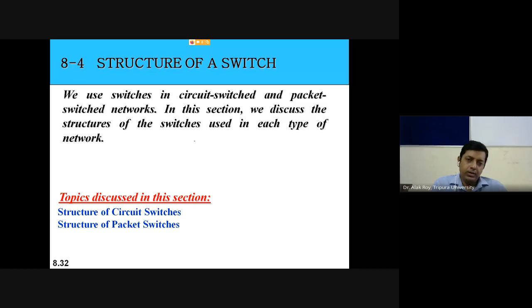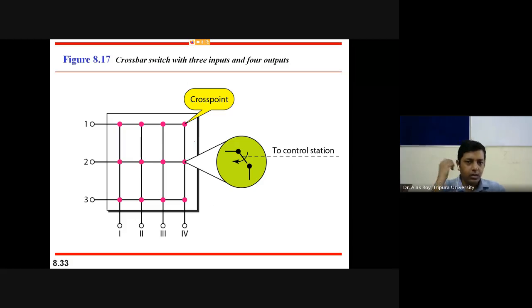So since you have understood the 3 types of switching, now try to understand the structure of a switch. Basically, let's take 3 lines, 1, 2, 3, and 4.